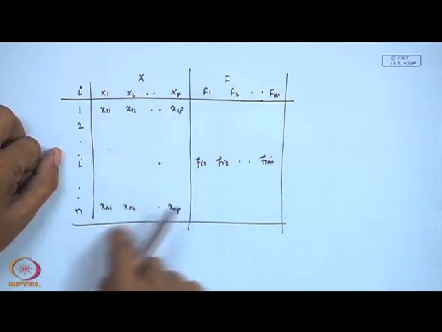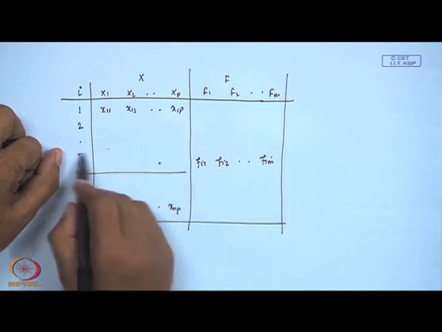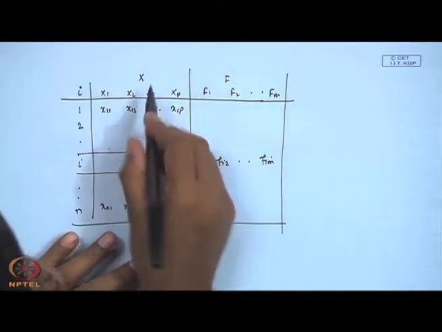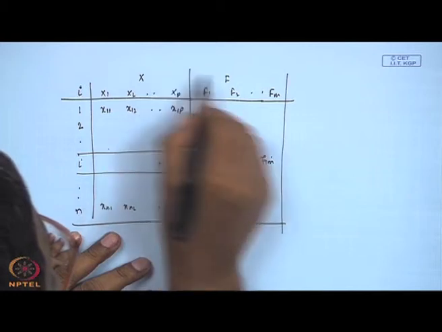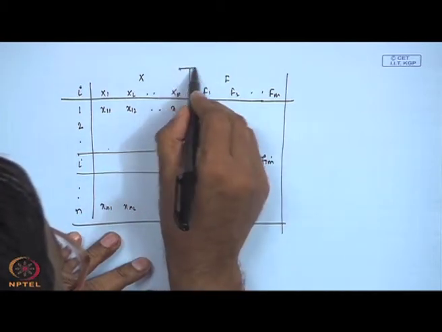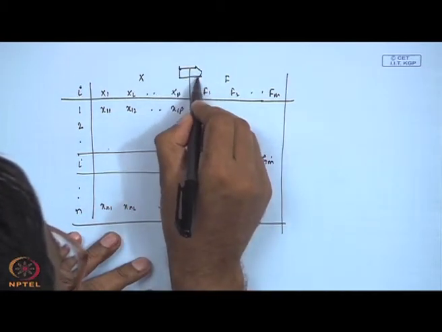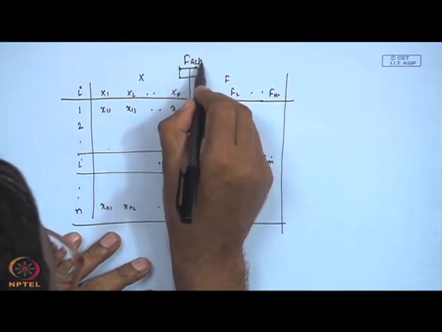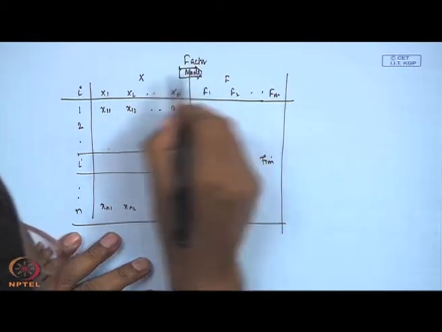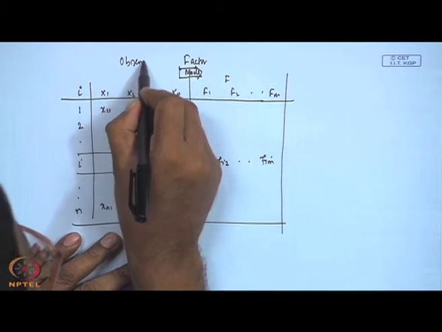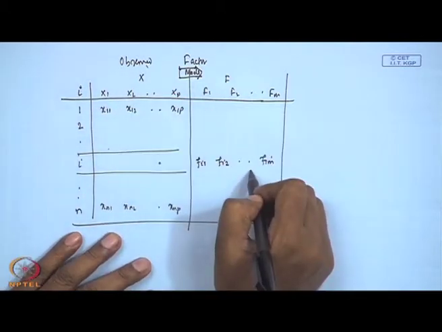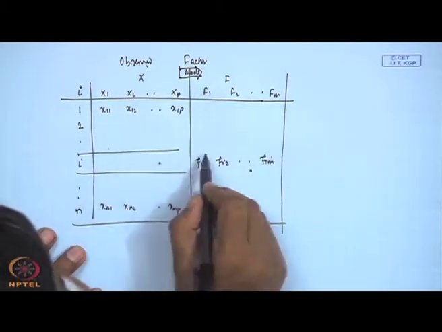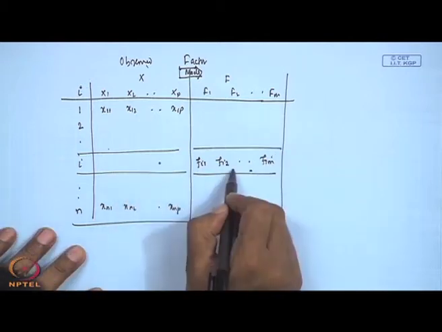You are observing x directly and using the factor model. These factors are actually unobserved, but you are finding out these values through the factor model.